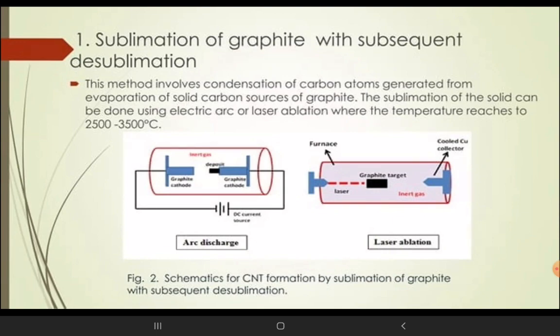The sublimation of a solid can be done using electric arc or laser ablation, where the temperature reaches 2500 to 3500 degrees Celsius. And this is the schematic diagram of CNT formation by sublimation of graphite, by arc discharge as well as laser ablation.